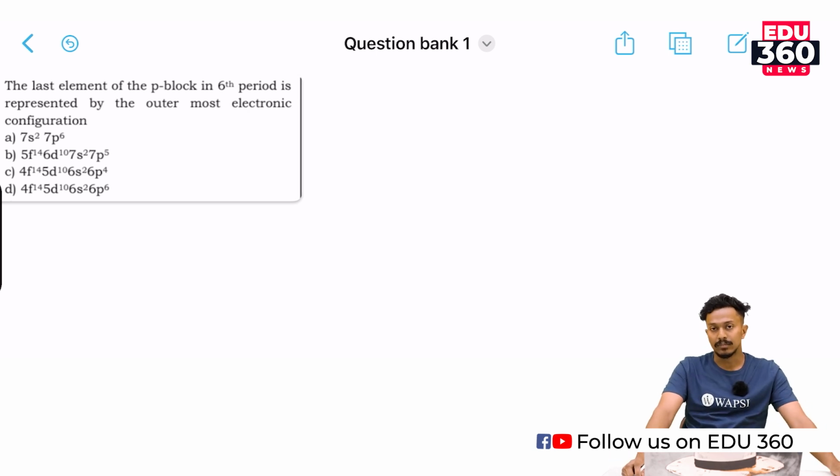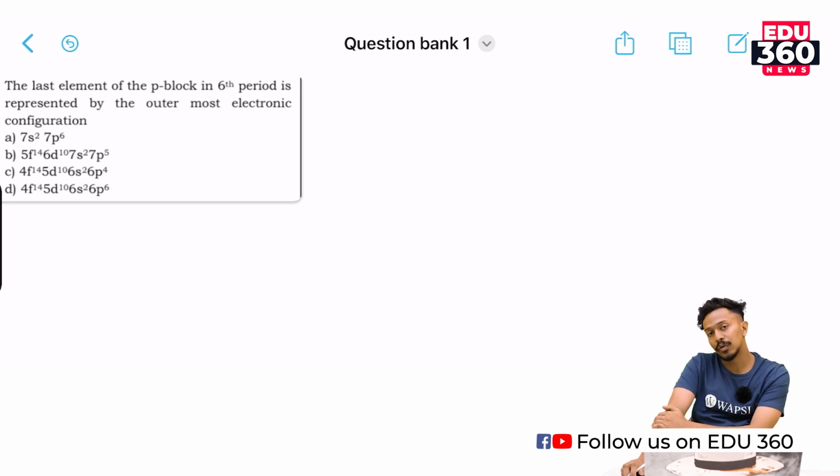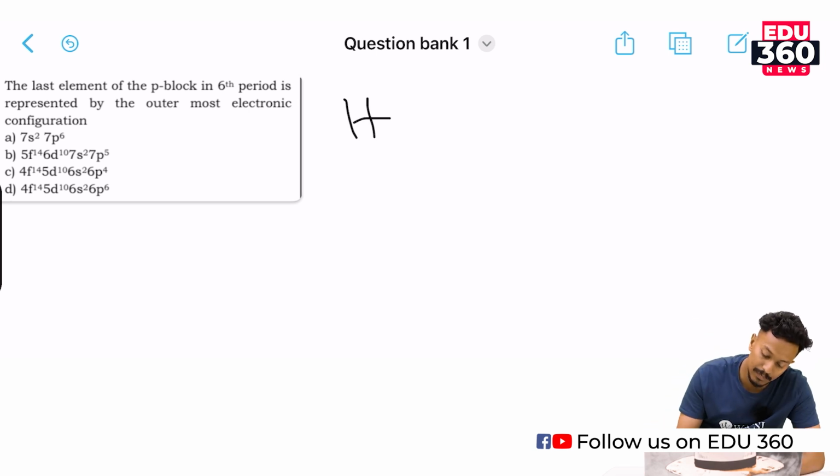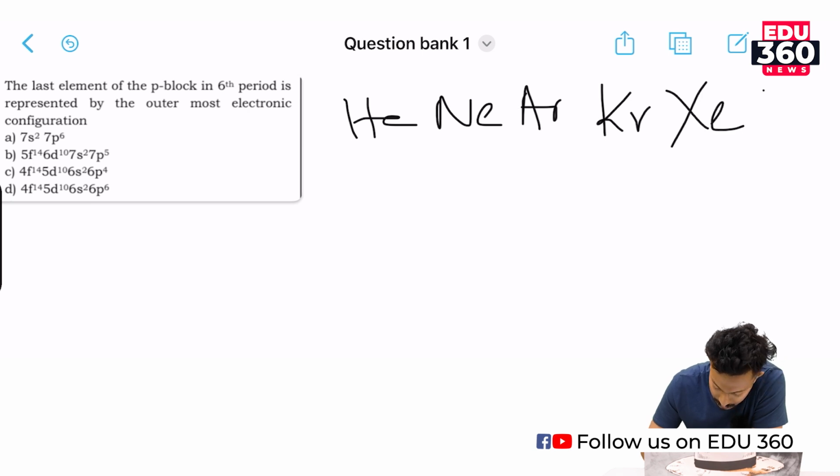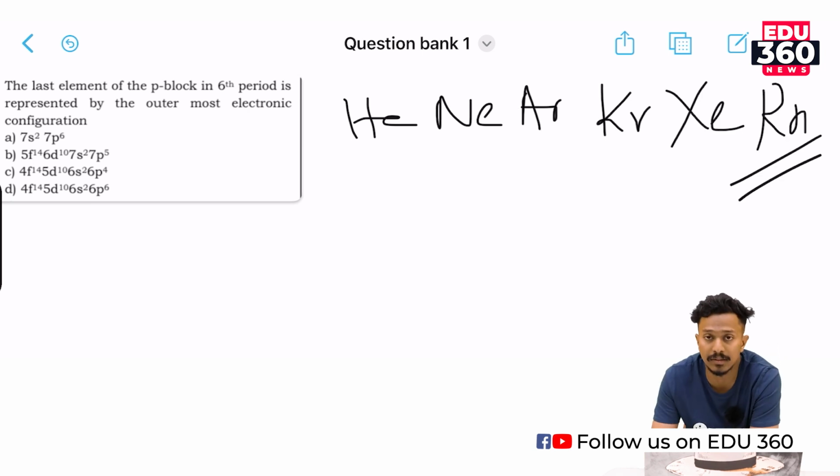Og is the last element. We have to find the last element of the p block, which is the fluorine, helium group elements. So we do know helium, neon, argon, radon. See, radon is the last element in the p block in the 6th period, right?